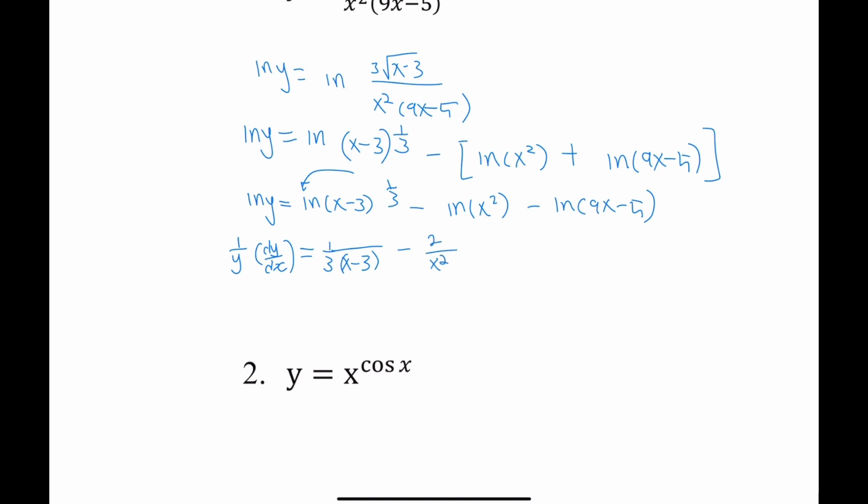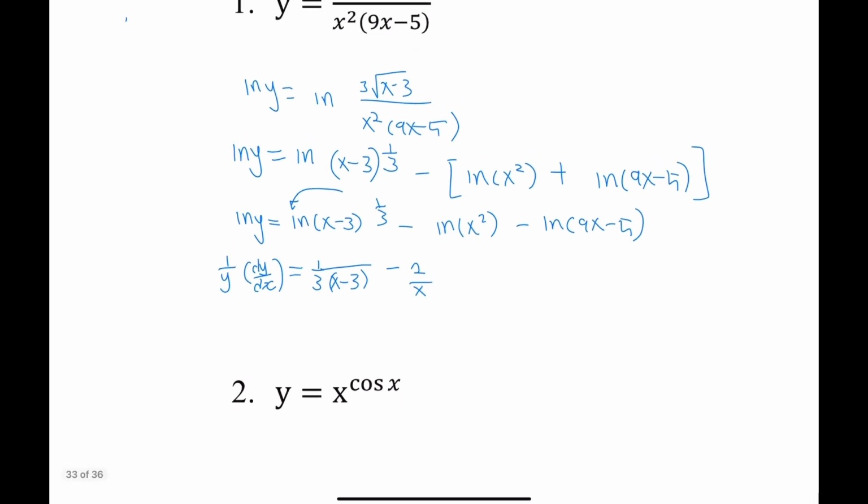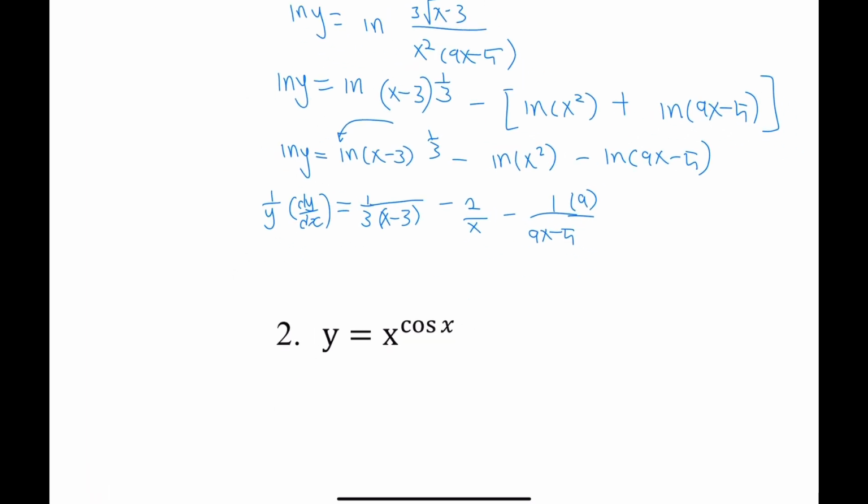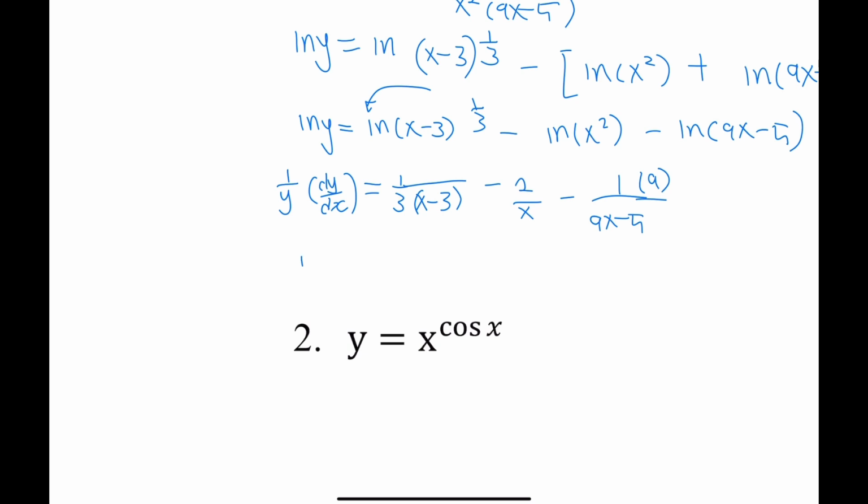That just leaves 2 over x, right? And then plus 9 over 9x minus 5. That's going to leave us with 1 over y dy/dx equals 1 over 3 times x minus 3, minus 2 over x, plus 9 over 9x minus 5.